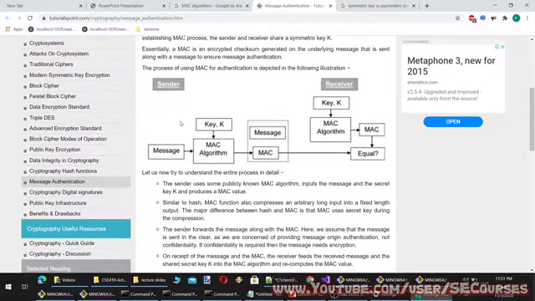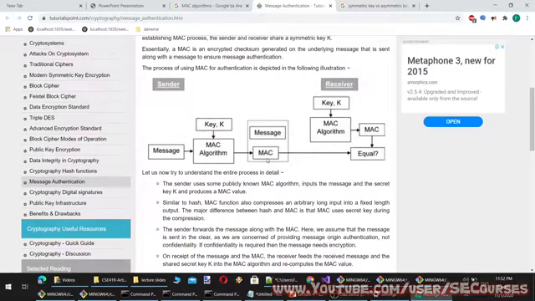So what does the sender do? The sender takes the message, uses key K and the MAC algorithm, and sends the message with its MAC code. The receiver takes the message and the MAC, puts the message and the key that the receiver has into the algorithm, and computes the MAC.